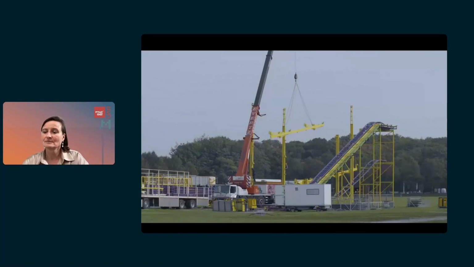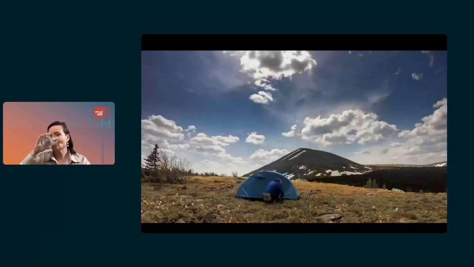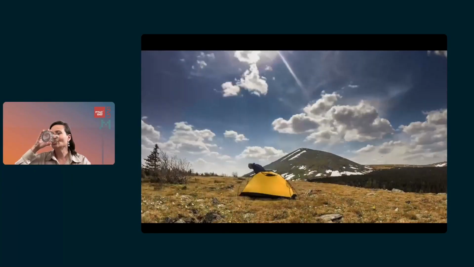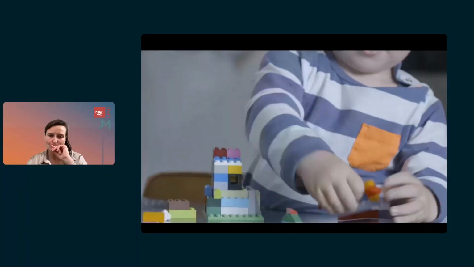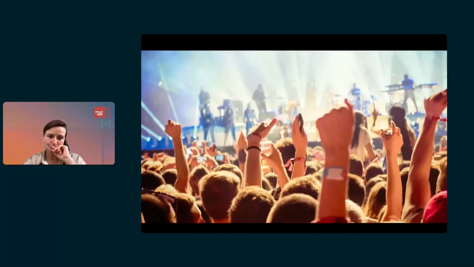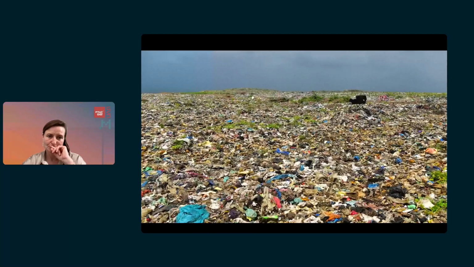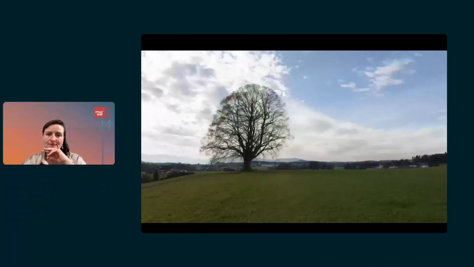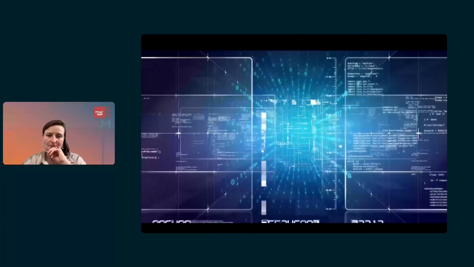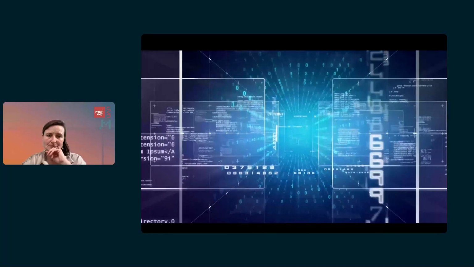Install, use, recreate. Install, use, recreate. Install, use, recreate. Everything is temporary. Only the consequences are permanent. The sun makes nature infinitely available. Data makes materials in a circular economy infinitely available.